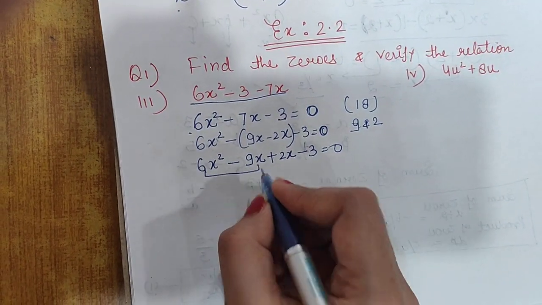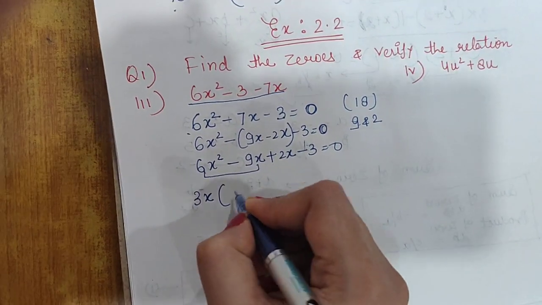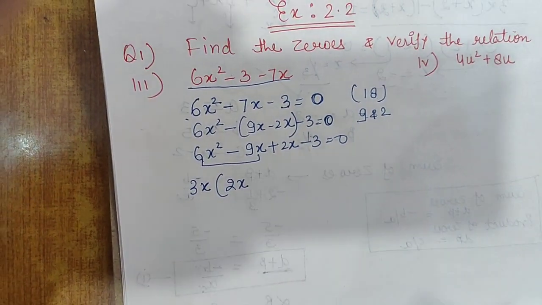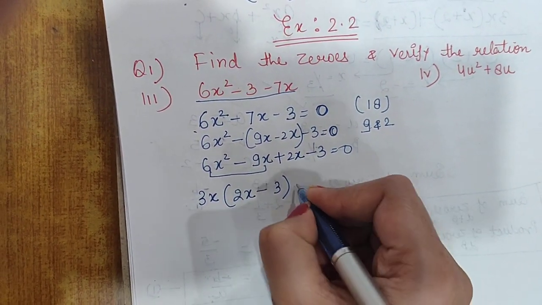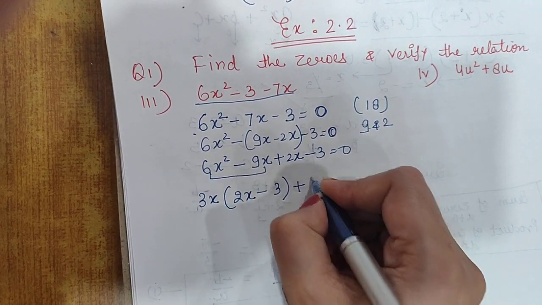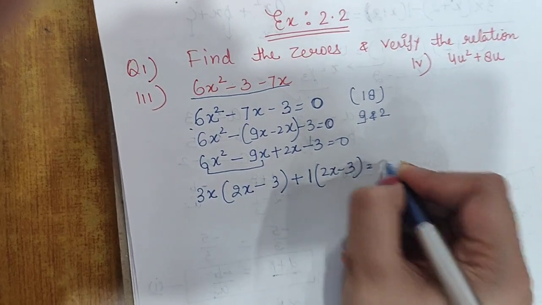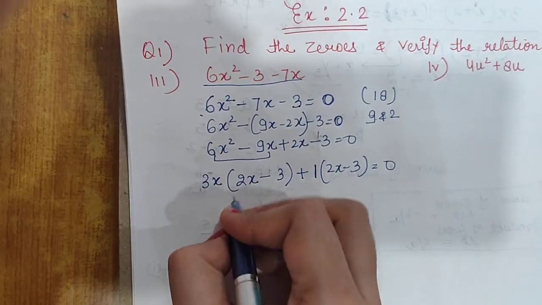Now we will take common from these two. What can we take common? 3x, so 2x minus 3 will be here, and from the other two we cannot take anything common, so we will take 1. So 2x minus 3. If these two brackets come the same, it means our solution is correct.